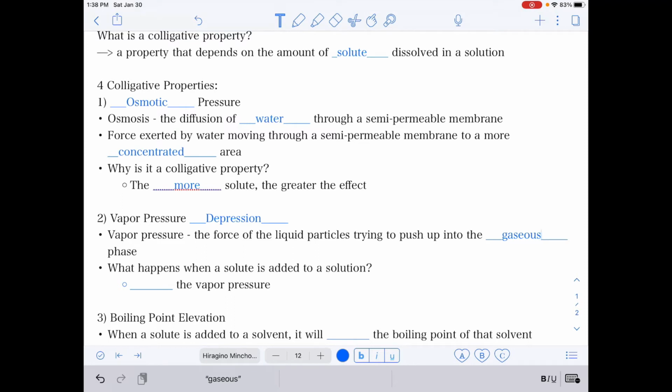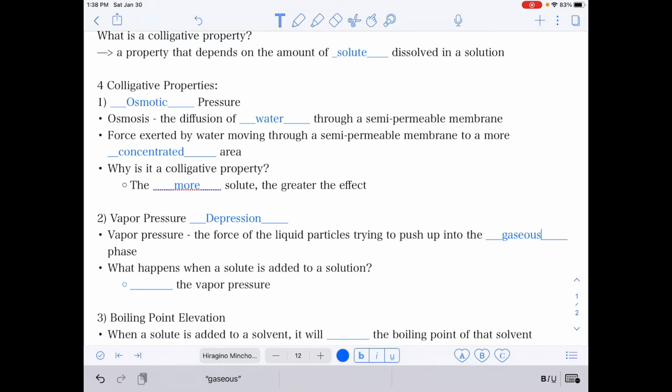Well, if you think about it, if you added a bunch of solute to a solution, on the surface of the solution, a lot of these solute particles will be taking up space. So now when these solvent particles are trying to push up into the gaseous phase, it's harder for them to do so because all of these solute particles are taking up space at the surface and all around.